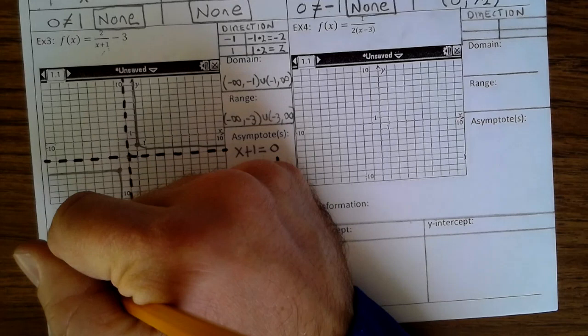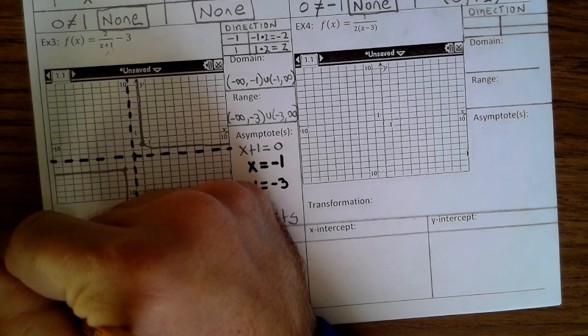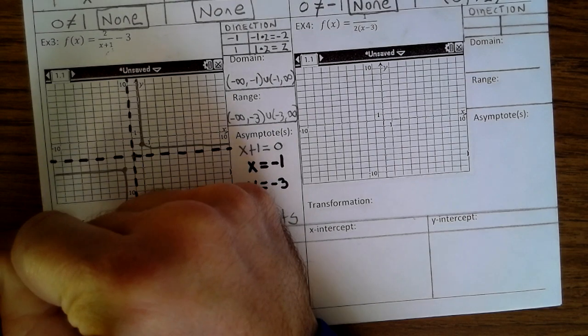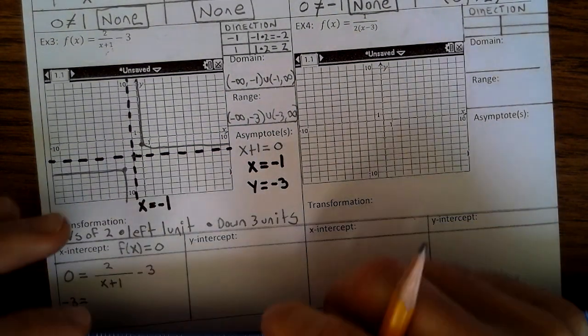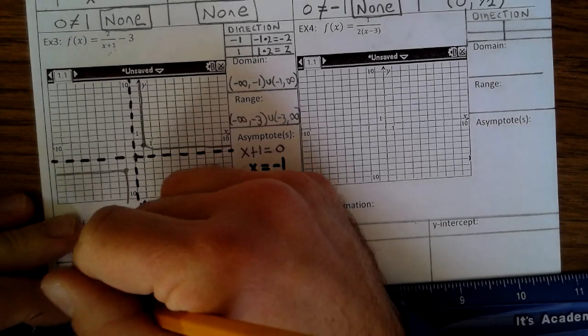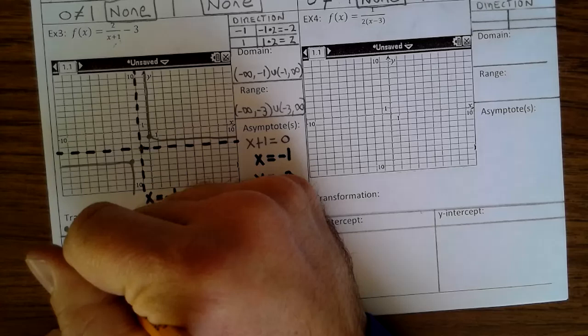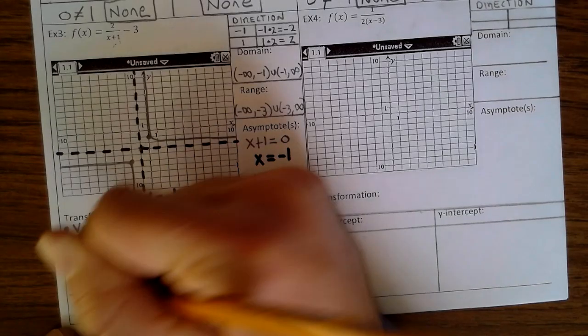You get negative 3 equals 2 divided by x plus 1. Oh, wait a second. You're adding 3, so that should be a positive 3. Almost made a mistake. Okay, because we added 3 to both sides.